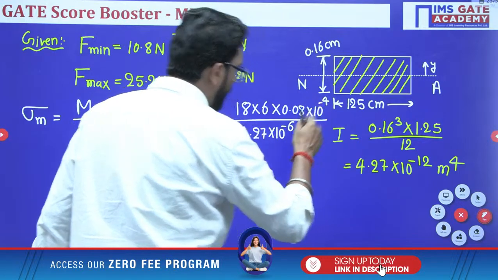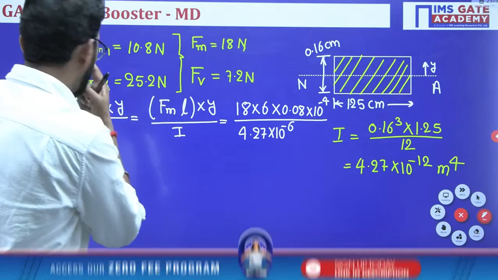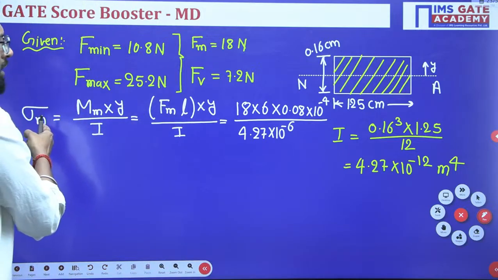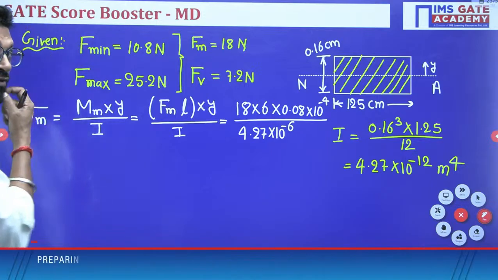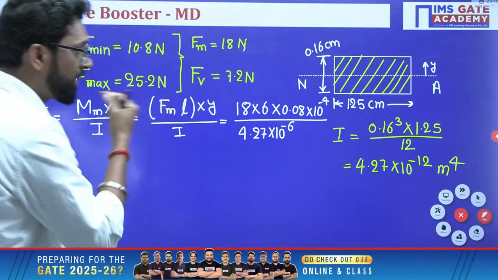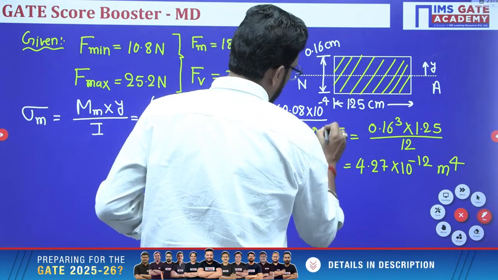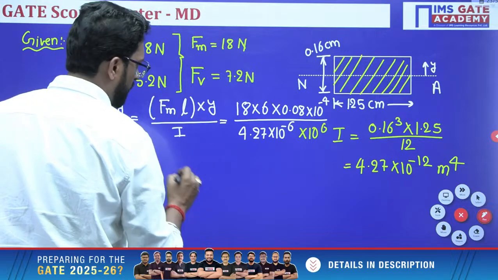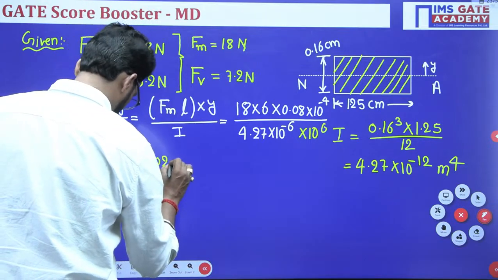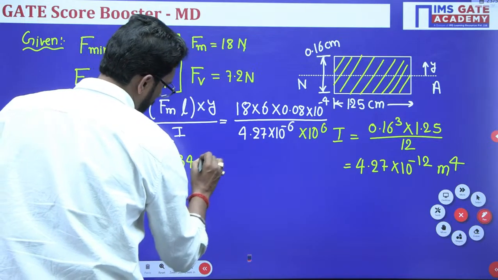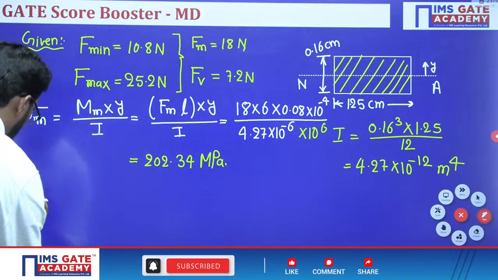This unit is Newton per meter square, that means Pascal. Generally we have to convert it into megapascal, so divided by 10 to the power 6. If you calculate this value, it is 202.34 megapascal. Clear?